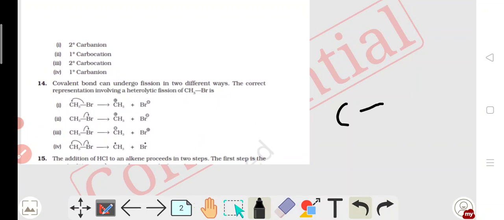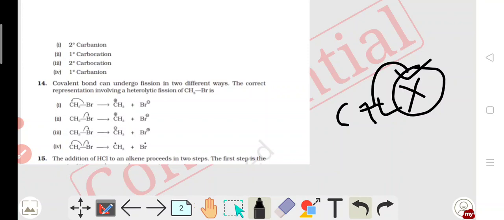As discussed in intermediates, if there is an electronegative atom, it would draw the bond pair electrons towards itself and form a carbocationic center. That means the movement of electrons is shown with an arrow mark from carbon towards the electronegative atom. Such representation is given in option 2. So my correct option is 2.